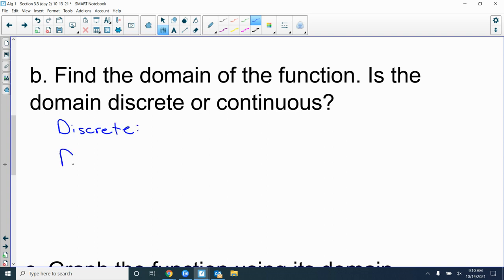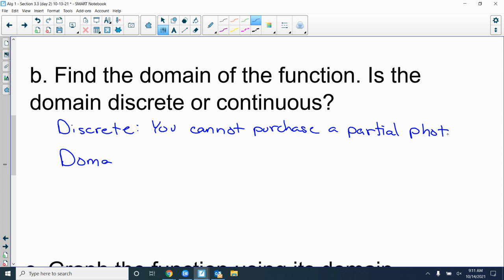Now, what is our domain? I'll say discrete because you cannot purchase a partial photograph. All right, now our domain.